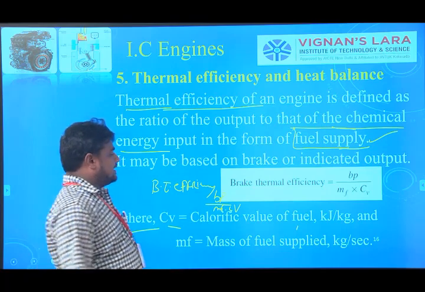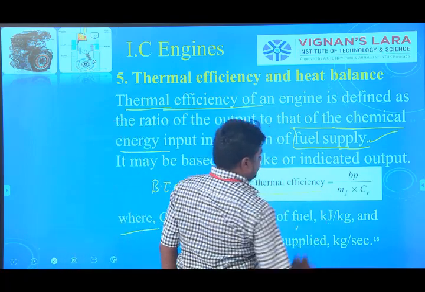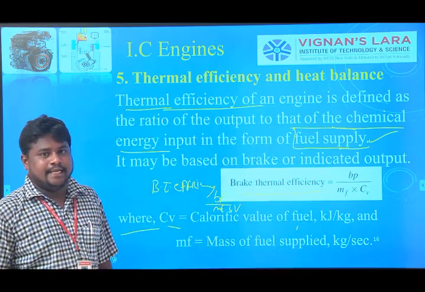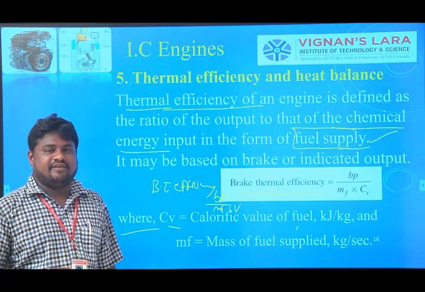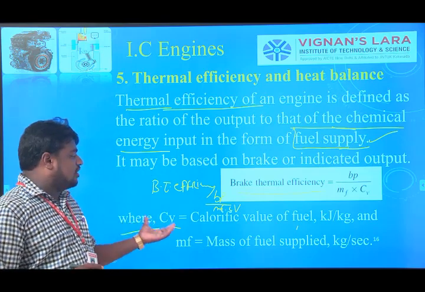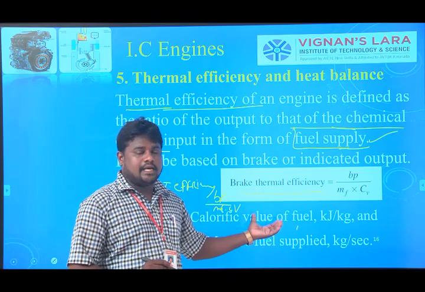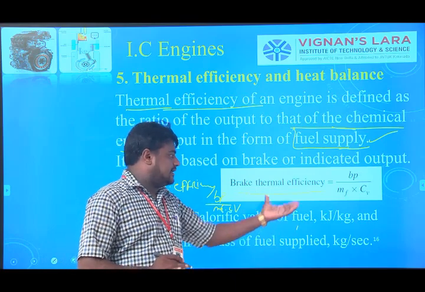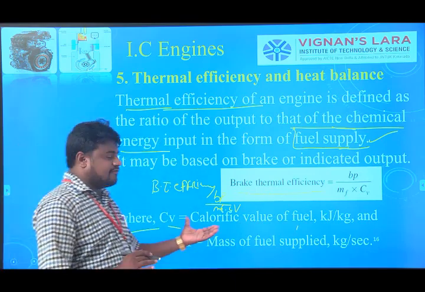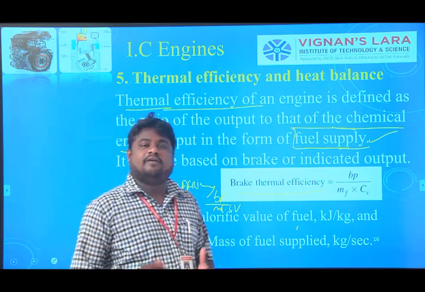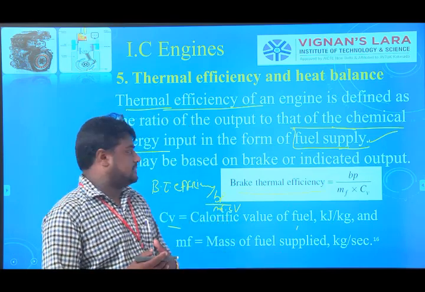So here the brake thermal efficiency is BP by MF into CV, where CV is the calorific value of a fuel in kilojoule per kg, and MF is the mass of the fuel supplied in kg per second. Those are the units.